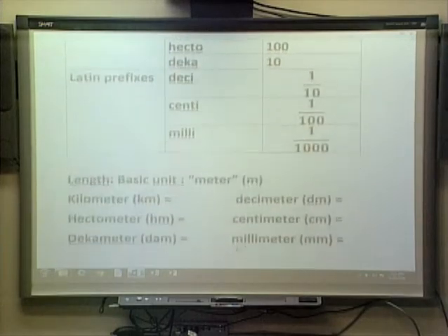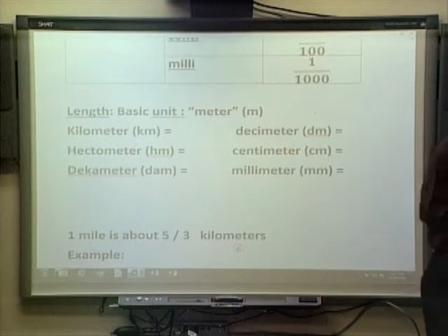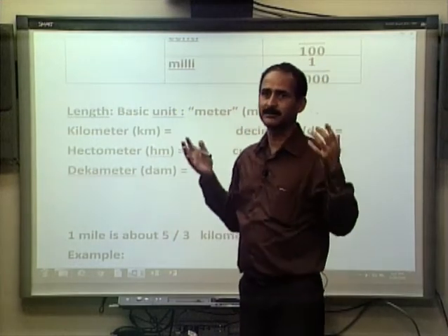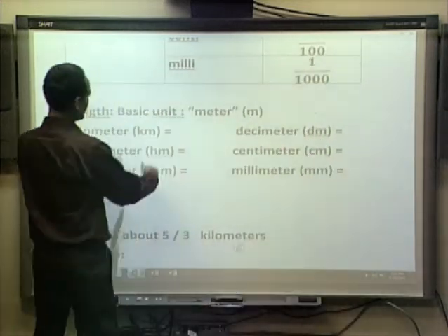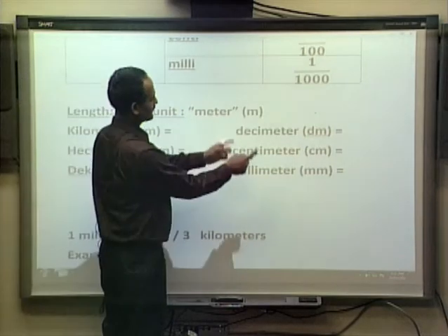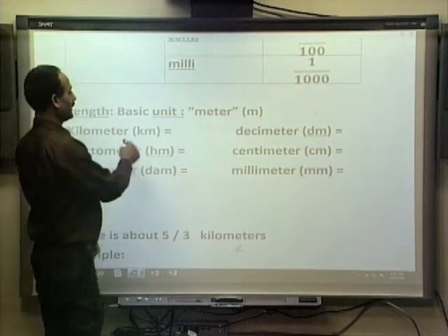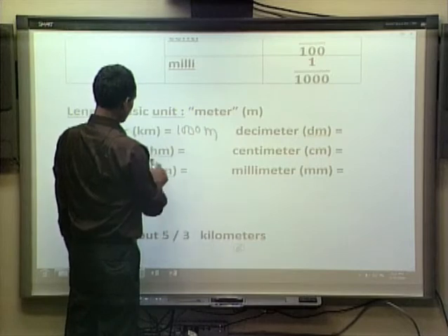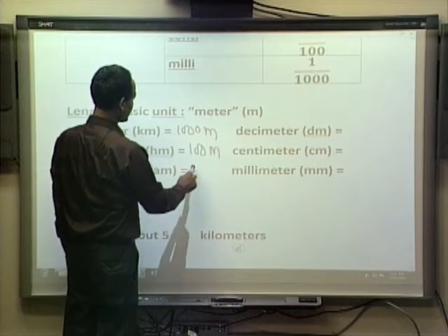Okay, now let us look at various physical quantities. Let us talk about length. The basic unit of length in metric system is meter. Now, we can have other units, kilometer, hectometer, decameter, decimeter, centimeter and millimeter. According to the table mentioned before, 1 kilometer is nothing more than 1000 meter, hectometer is 100 meter and decameter is 10 meter.